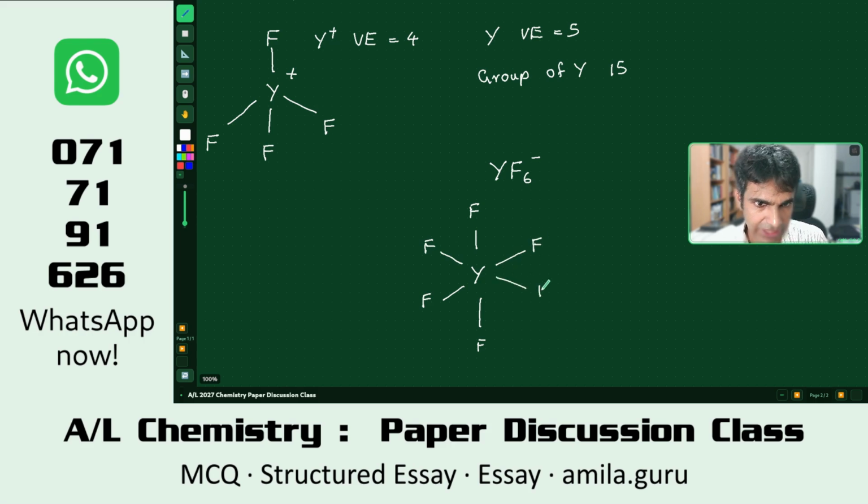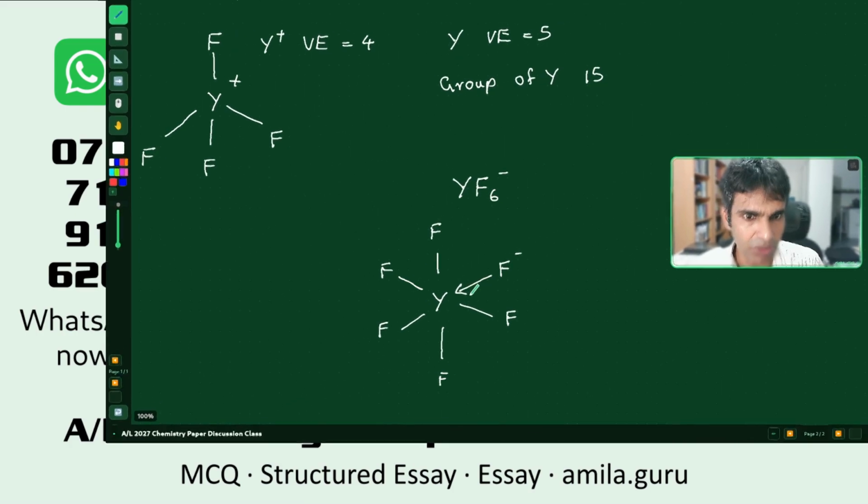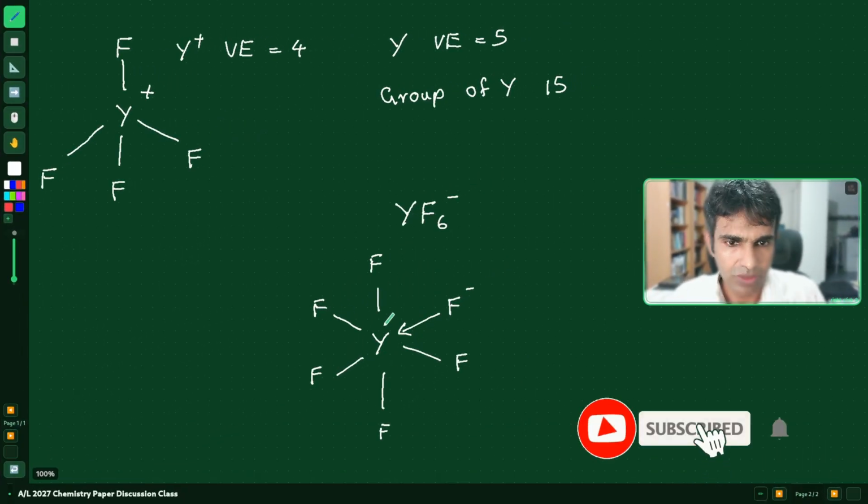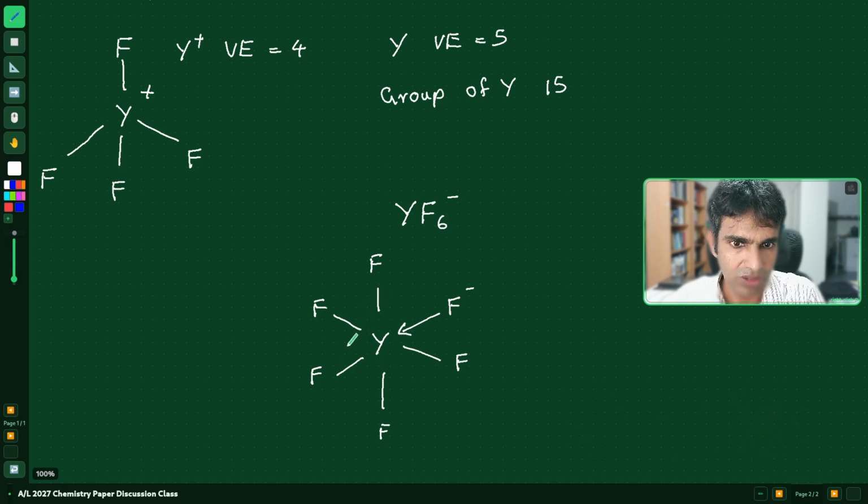So there is a negative charge. So negative charge should be on one of the fluorine atoms. So it forms a dative bond. So when we consider Y atom, there must be 1, 2, 3, 4, 5 valence electrons. So it concludes that Y belongs to group 15. And when we consider this ion, there are altogether 12 valence electrons around Y.